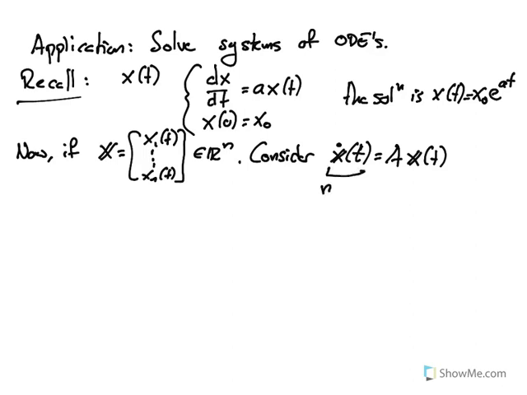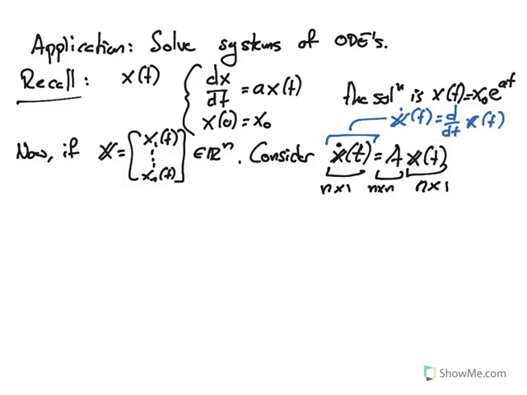Notice now this is a vector n times 1. This is a matrix n times n. This is a vector n times 1. So I hope nobody's confused. X dot of t is just d/dt of x of t.